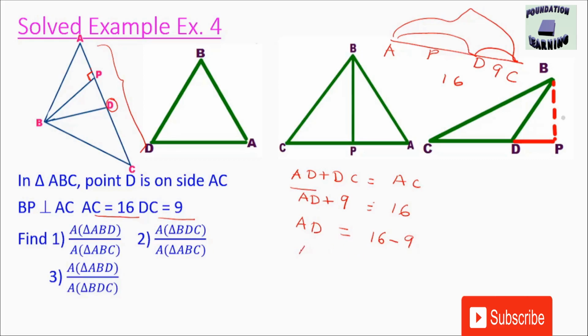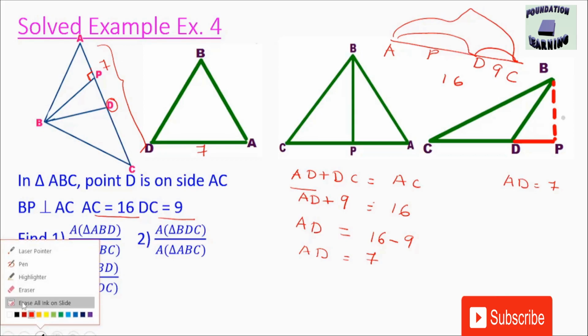AD is equal to 16 minus 9, which is 7. So we write AD is equal to 7. Here we have 7, and now we'll try to find the ratios which are required.